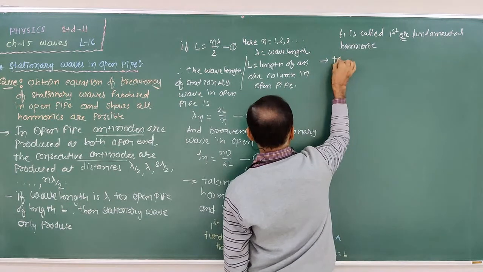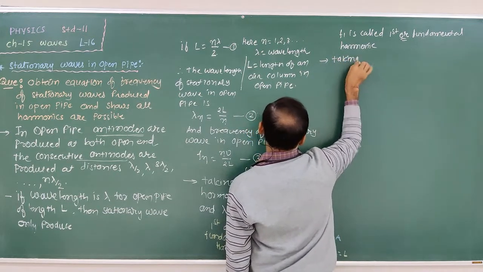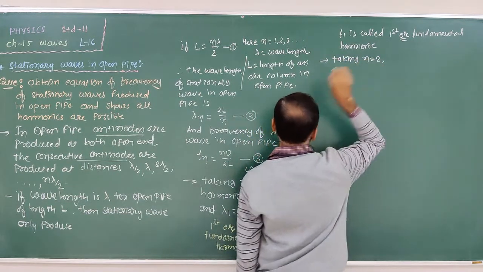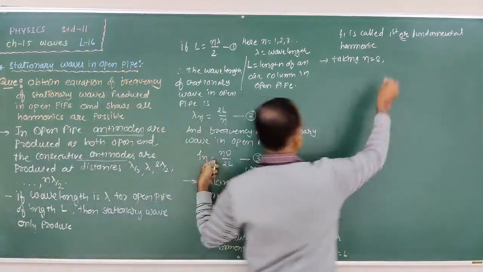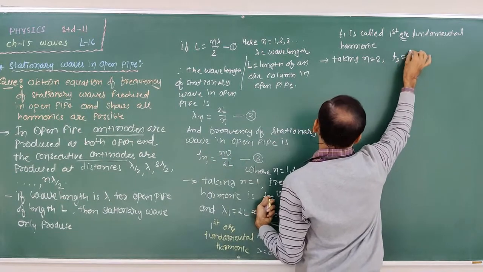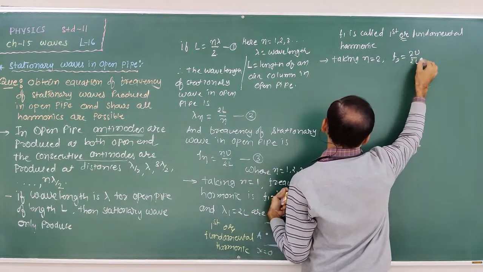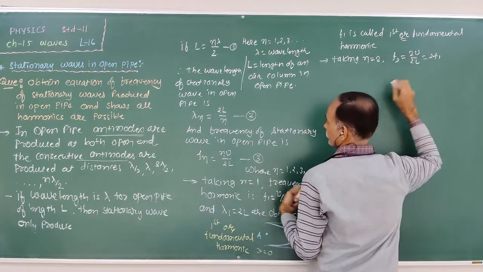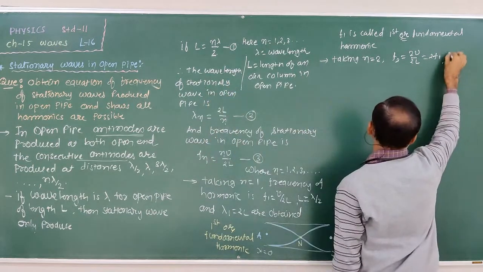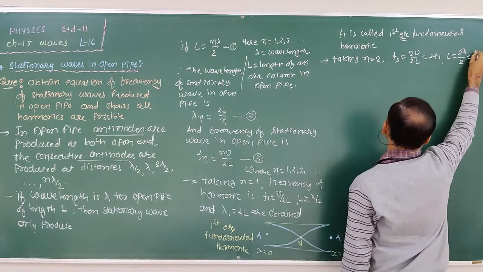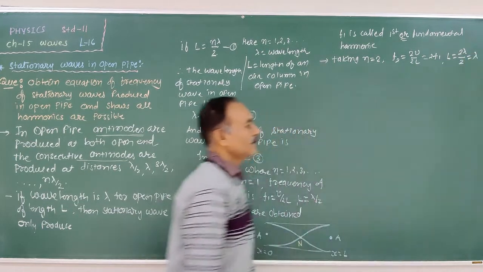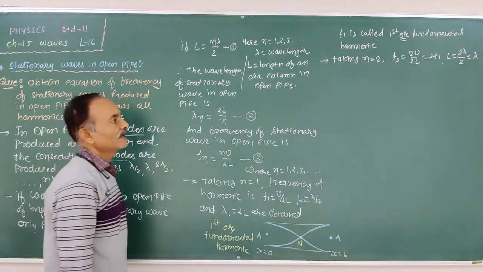Now taking n equal to 2, F2 is equal to 2V upon 2L. That means 2F1. Length L is equal to 2 lambda by 2, that means lambda.